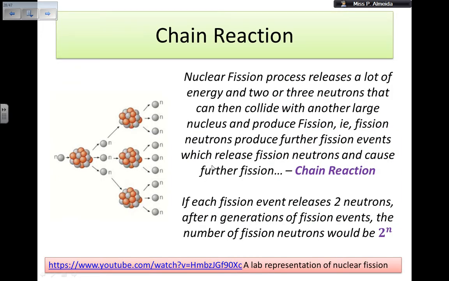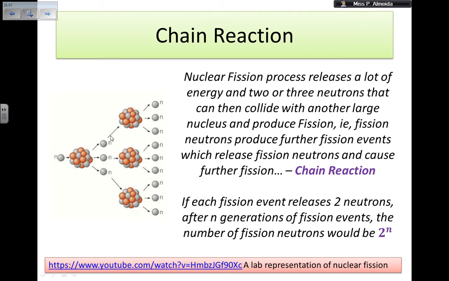Now, the thing about nuclear fission is, as I told you, you get a chain reaction. So you get one neutron that produces the fission, and then this neutron is going to carry on. And when you have fission, you get two more neutrons, okay? Because each smaller fragment of a nucleus is going to give you a neutron.